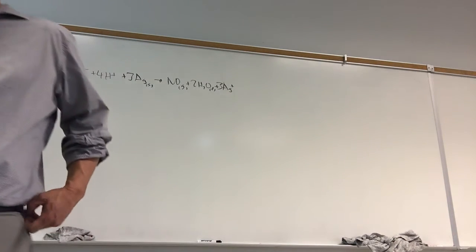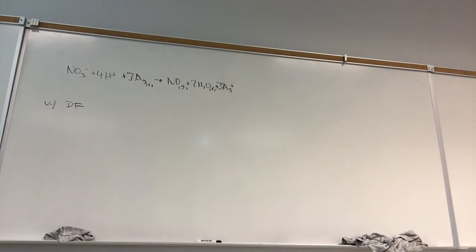And so we have to look. Can you flip back to skeleton redox in your notes? How did we figure out what the oxidizer and what the reducer is in skeleton redox?